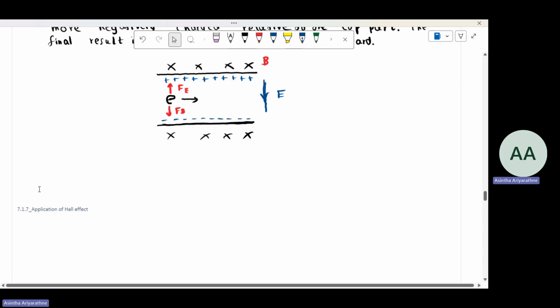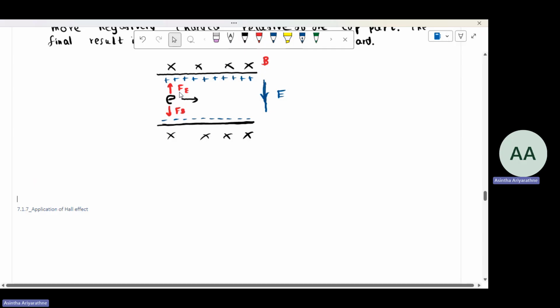So there comes an instance you can see. Gradually, when a higher number of electrons accumulate on the bottom layer of the conductor, the electric field would increase, and the electrostatic force also would increase.